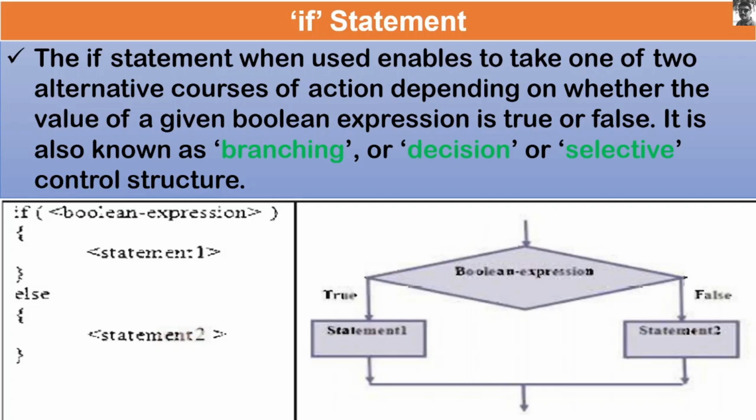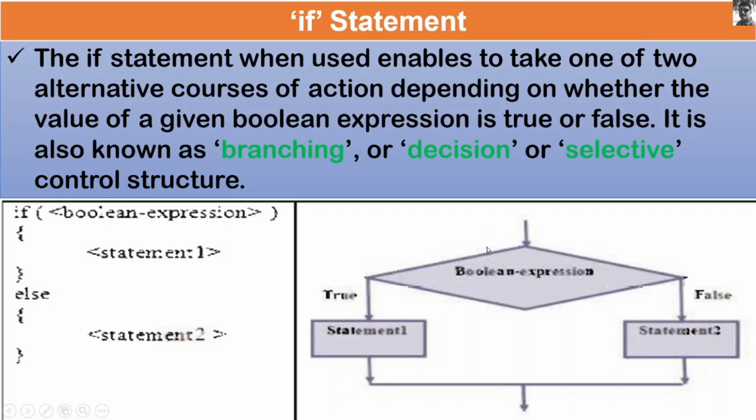In simple language, if checks a condition. If that condition is true, it will do something, and if that condition is false, it will do something else. As you see in this diagram or flowchart, here we have a Boolean expression. We already discussed that a Boolean expression will result either in true or false.